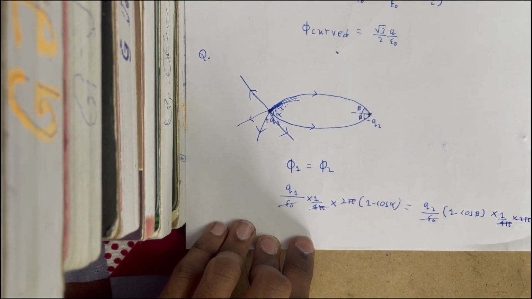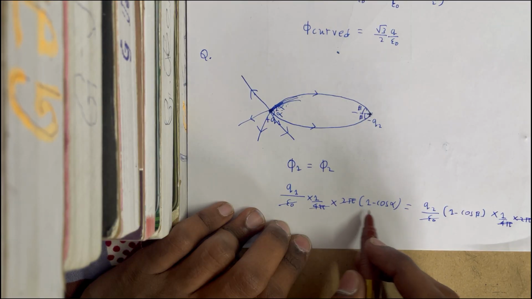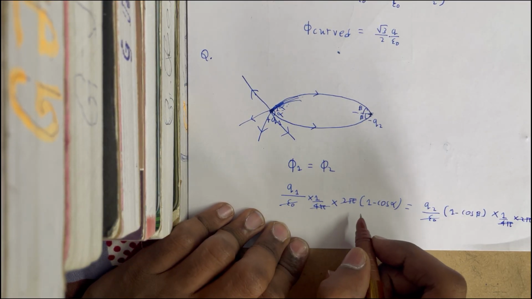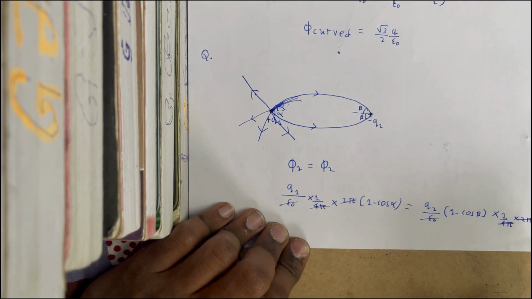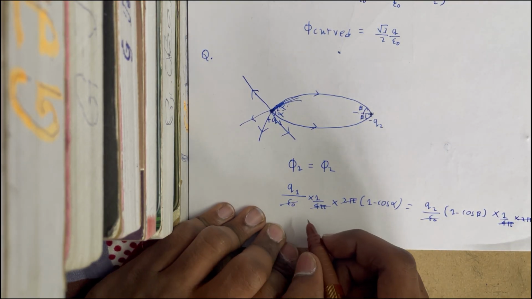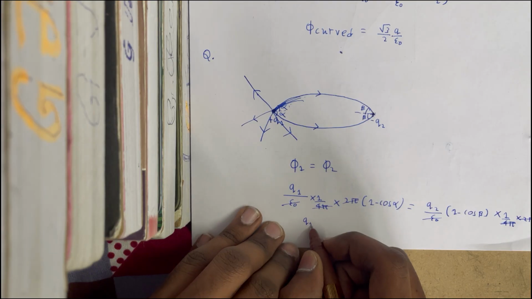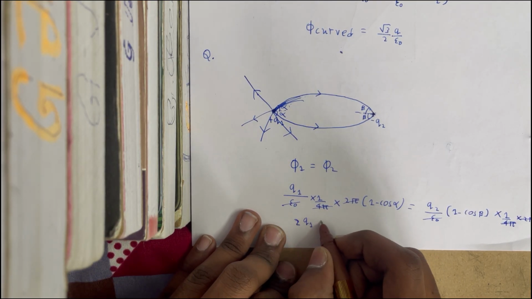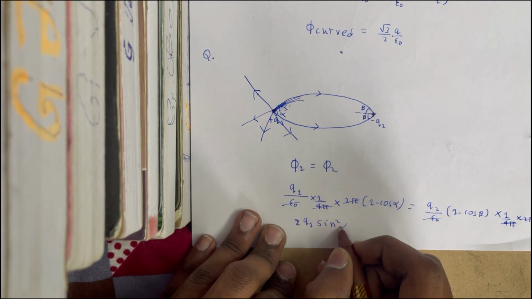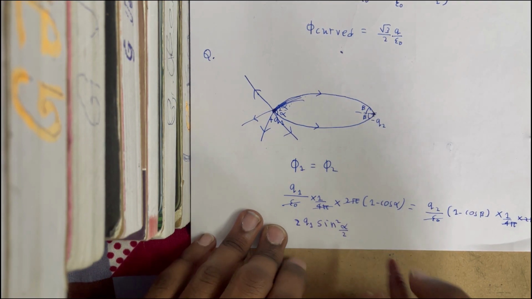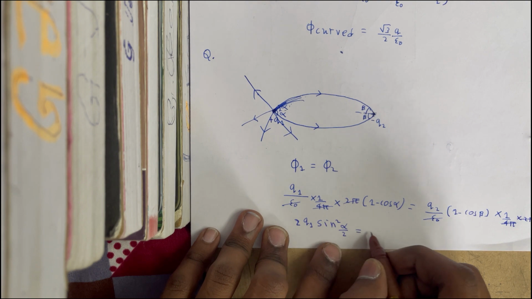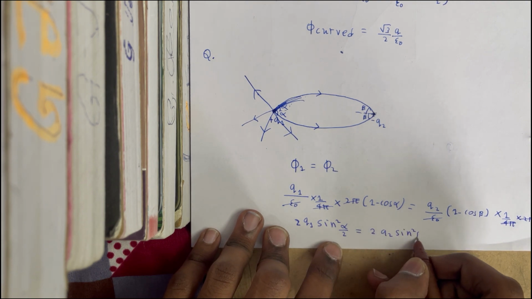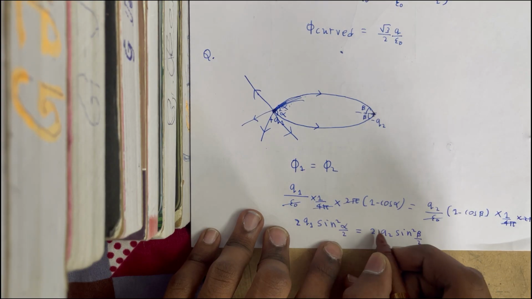Now we can apply the trigonometric identity, which was 1 minus cos theta equals to 2 sin square theta by 2. So 2q1 sin square alpha by 2 equals to 2q2 sin square beta by 2.